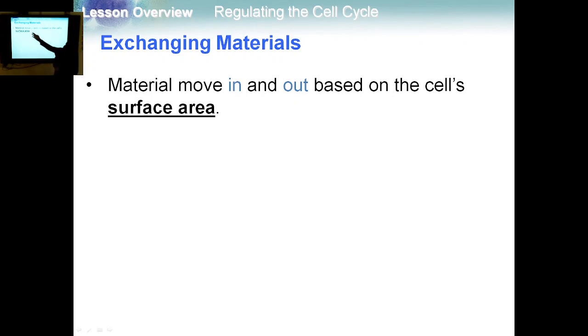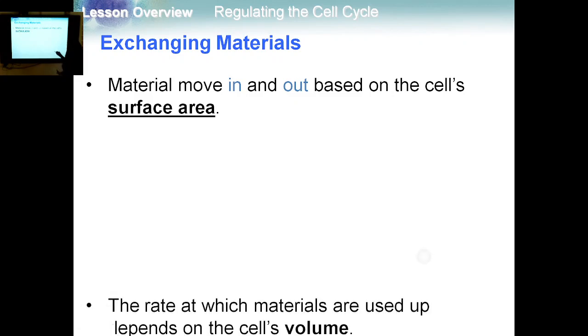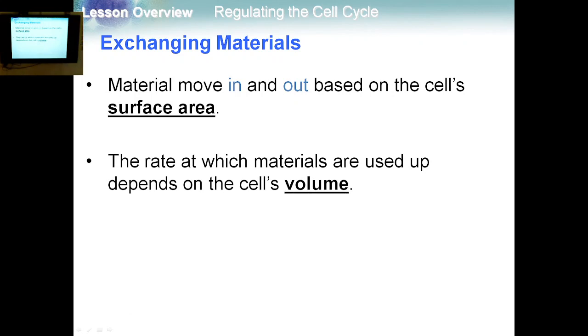We have many materials that move in and out based on the cell's surface area. We have water, proteins, and electrolytes. Everything found in the cell must be exchanged across the cell membrane. The rate at which materials are used up depends on the cell volume.